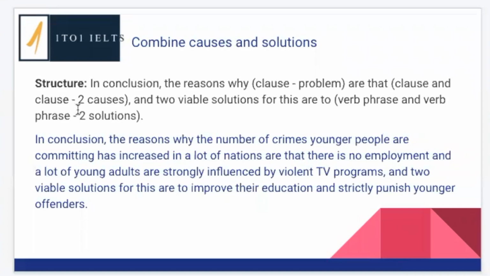Now we're going to have clause 1, there is no employment, and we're going to have clause 2, a lot of young adults are strongly influenced by violent TV programs. We're going to have a comma and "because" we're joining two independent clauses here, and two viable solutions for this are to. We've got verb phrase 1, improve their education, and verb phrase 2, strictly punish younger offenders.